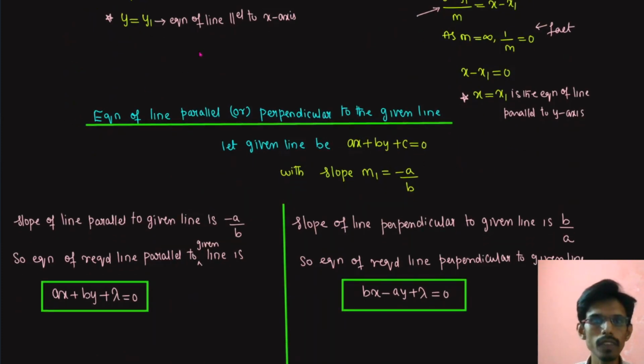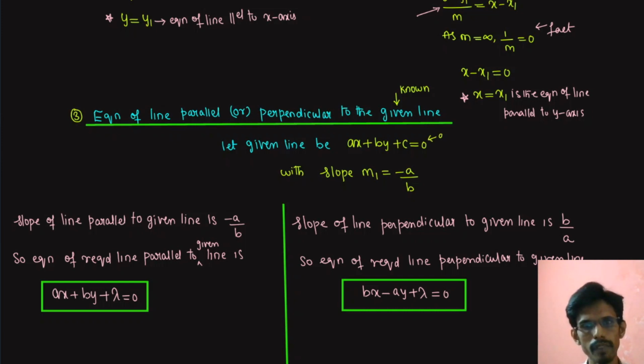Now let us see here equation of line parallel or perpendicular to a given line. So we will be given a line that is known to us, that will be given in the question. So let the given line be ax plus by plus c.